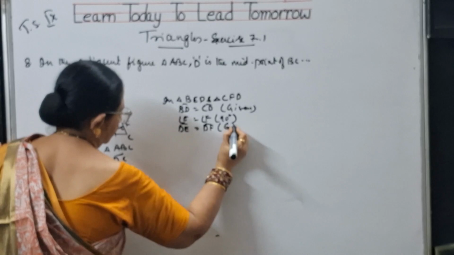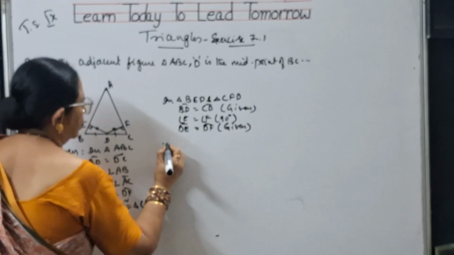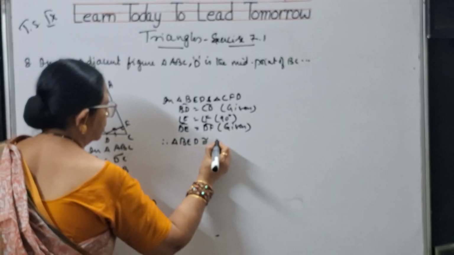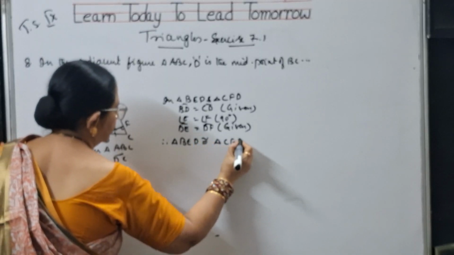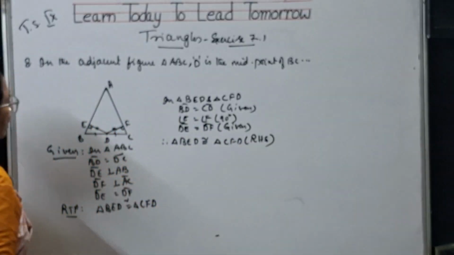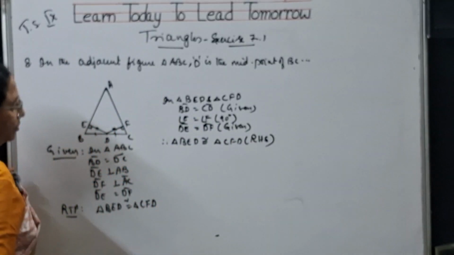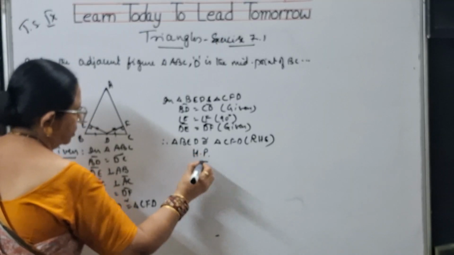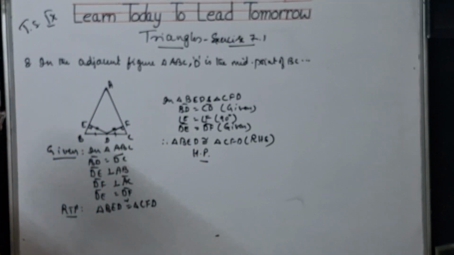This is also given to us. Therefore, triangle BED is congruent to triangle CFD basing on RHS property, right angle, hypotenuse, side property. So, hence proved. This is the proof of this problem, children.